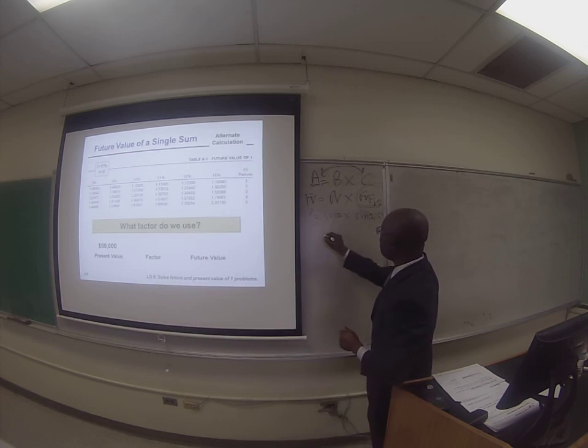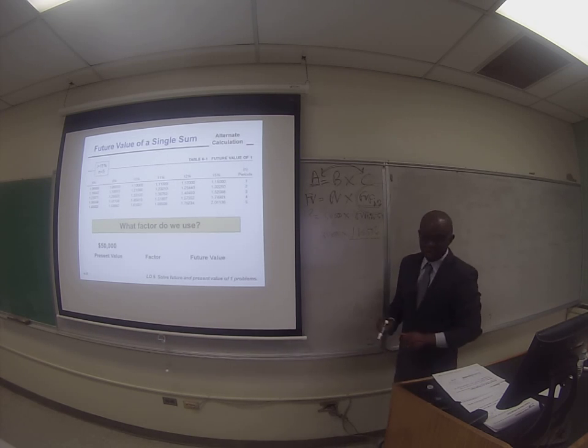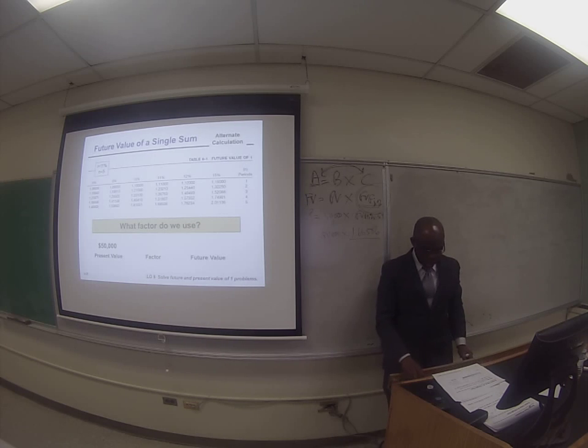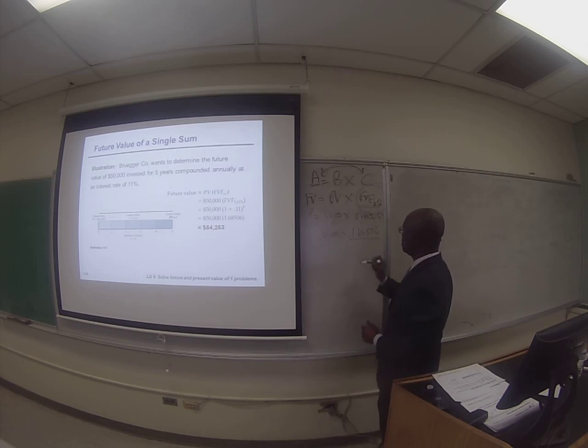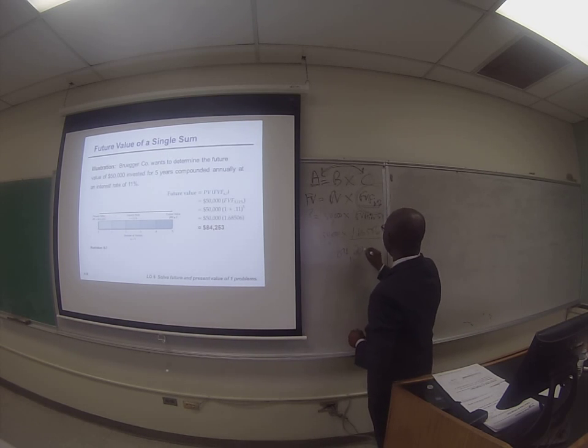So we multiply 50,000 by 1.6850. If we do that, we come up with 84,253. 84,253. All right.